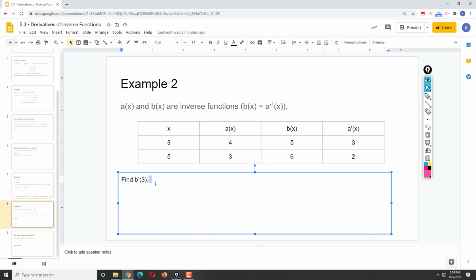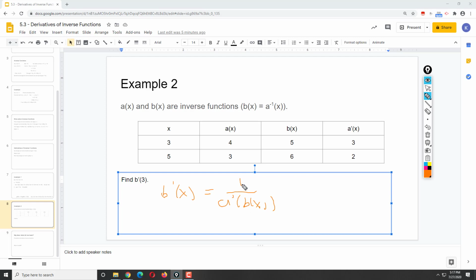So let's apply our formula. Actually, let's start from the beginning with our formula. b prime of x is 1 over a prime of b of x.